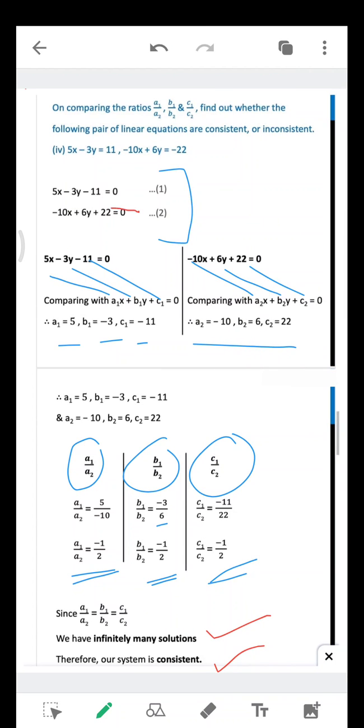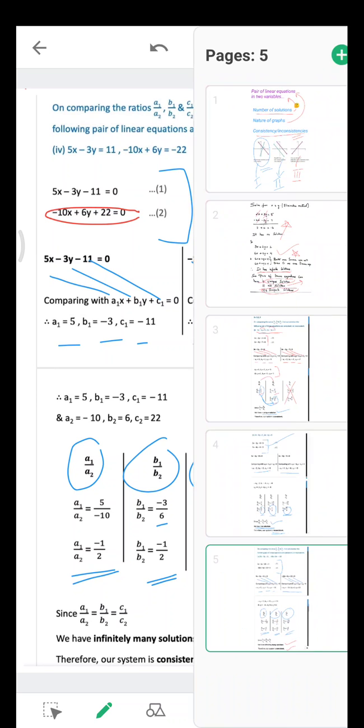Just divide the second equation by minus 2. If you divide the second equation by minus 2, you'll get minus 10 by minus 2, that is 5, then minus 3, 6 by 2 is minus 3, 22 by 2 is 11. Okay, so these two equations are said to have infinitely many solutions.